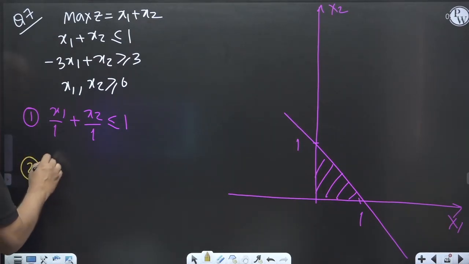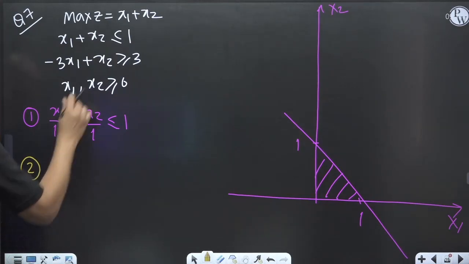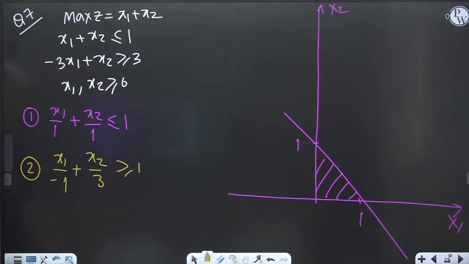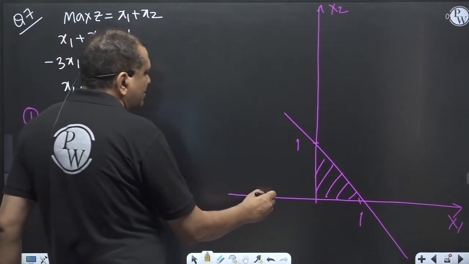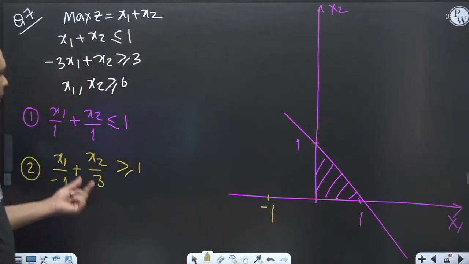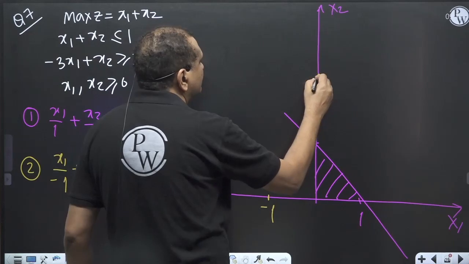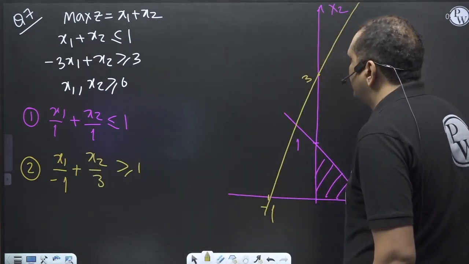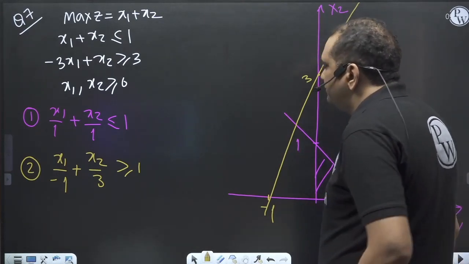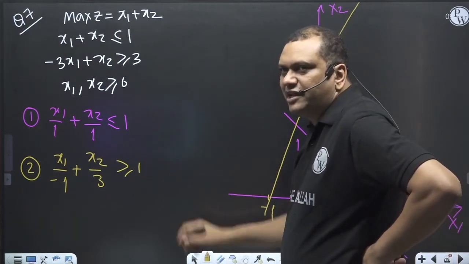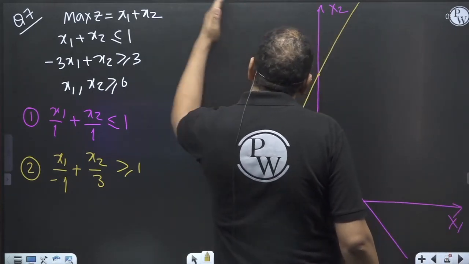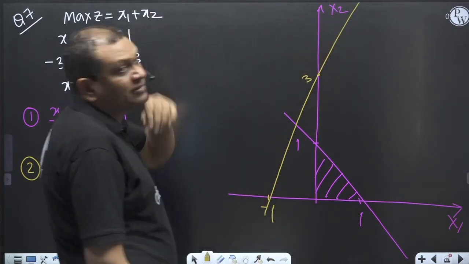Constraint 2: x1 is minus 1 plus x2 divided by 3 is greater than or equal to 1. So x1 intercept is minus 1, x2 intercept is 3. Now, a greater than or equal to sign means the region will be away from the origin.